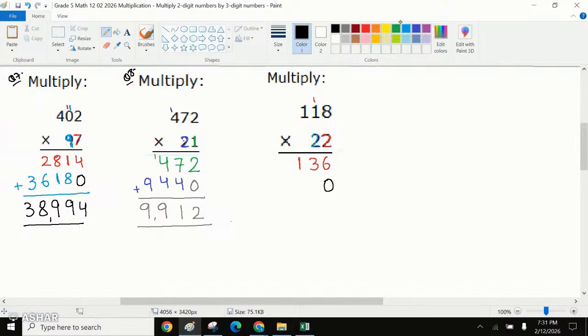So without even multiplying, I would just simply write 6 and 1, because 2 times 8 is 16. 6, carry 1. 2 times 1 is 2, plus 1 is 3. 6 plus 0 is 6. 3 plus 6 is 9. 1 plus 3 is 4. And 1 comes as it is.